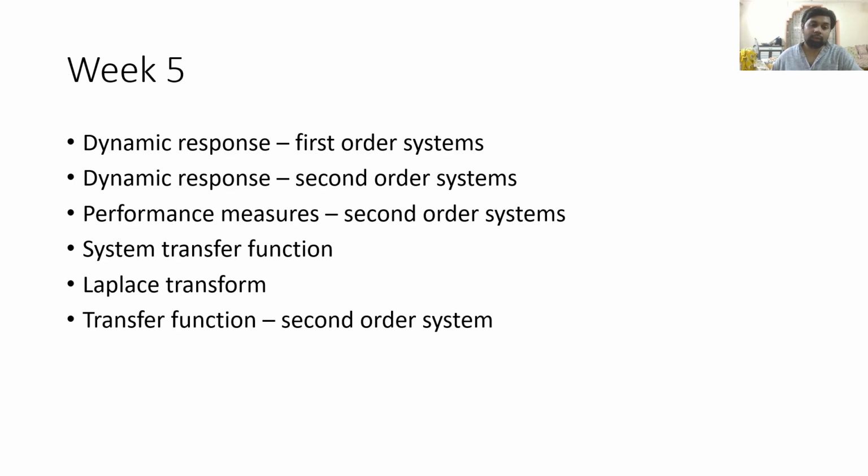So that was discussed, and the typical types of transfer functions for second order systems were discussed, where with the change of parameters the system behavior changes. So the system can be underdamped, critically damped, or overdamped. So those parts were discussed.